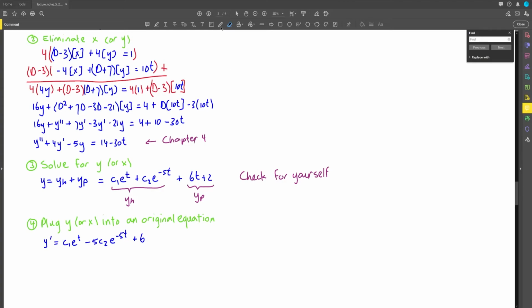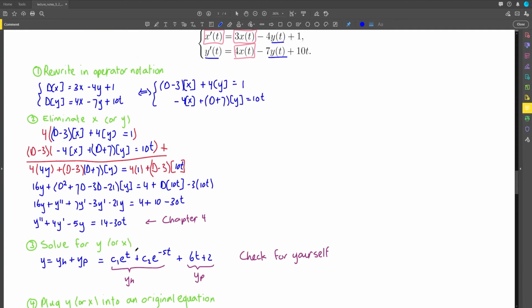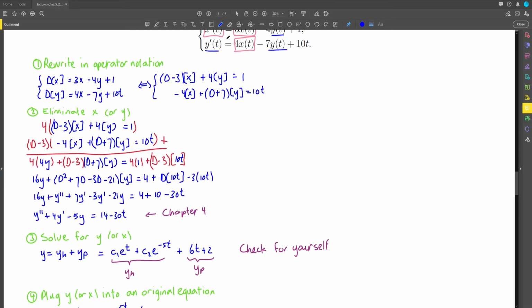I'm going to take this and plug it into my differential equation, which is y prime equals 4x minus 7y plus 10t. That's our original differential equation, the second one.